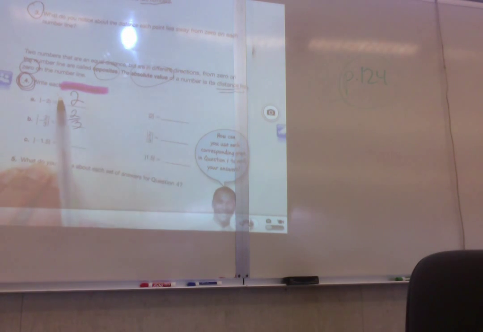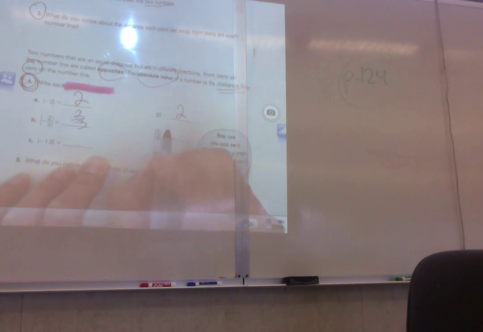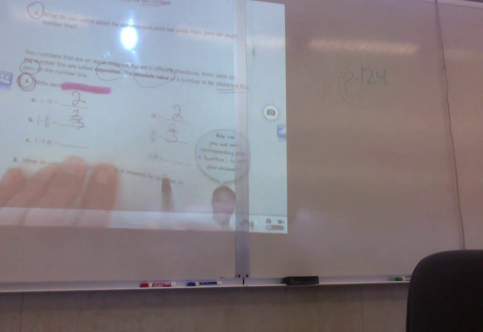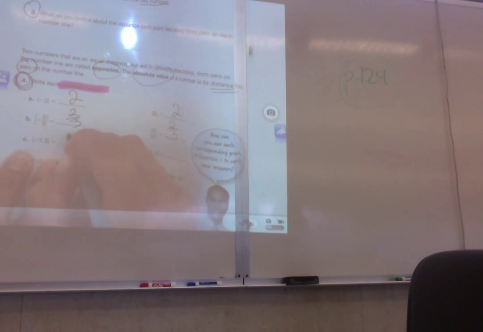Okay, so what did we see for negative 2 and 2? They're both 2 places away from 0 on the number line. What did we see for negative 2/3 and positive 2/3? They're 2/3 away. Brody, C. They're 1.5, both of them?